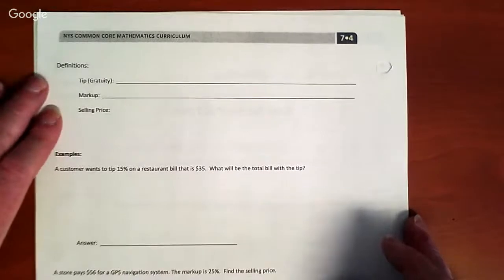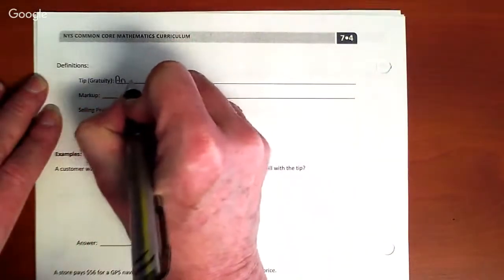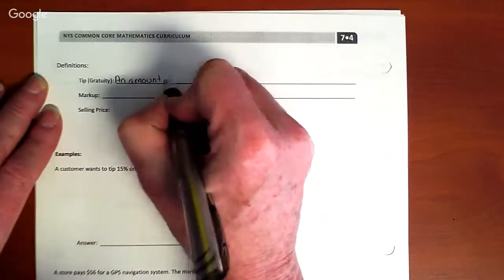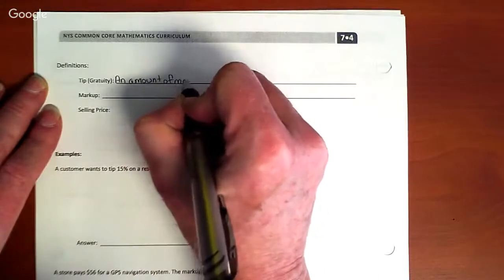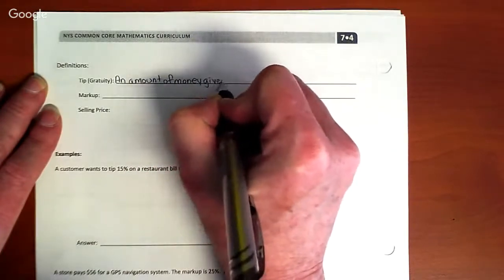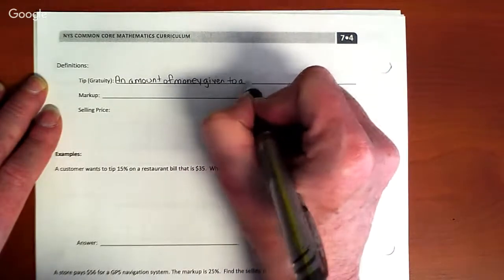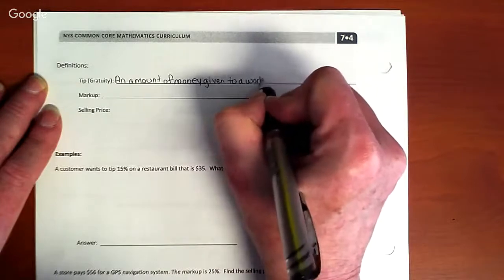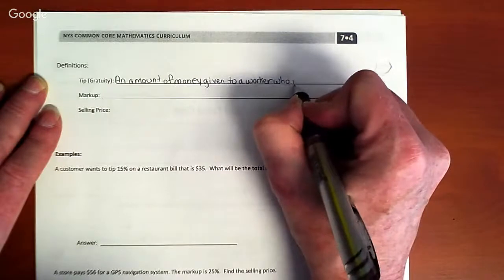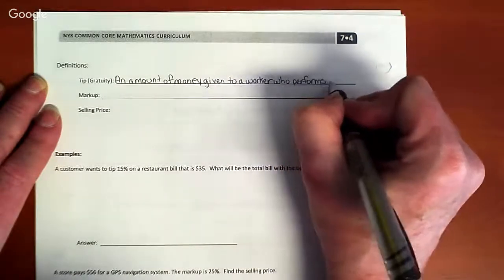So a tip is an amount of money given to a worker who performs a service.